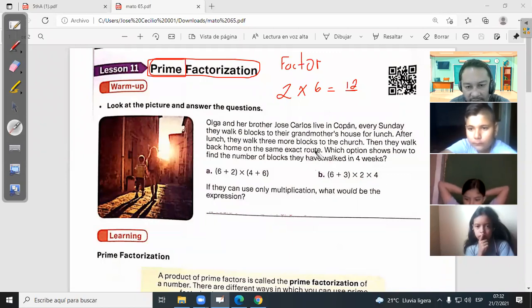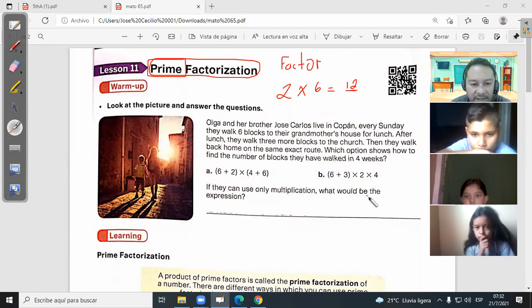Okay, but for the 2, right? The two ways, and then for how many times? By 4, for 4 weeks. The question says, if they can use only multiplication, what would be the expression?